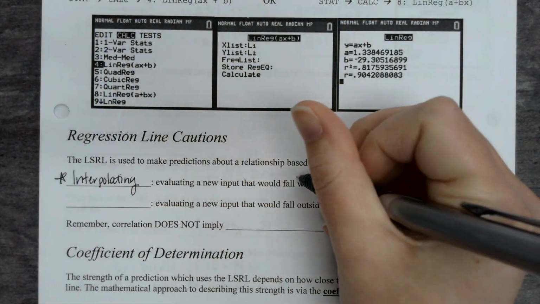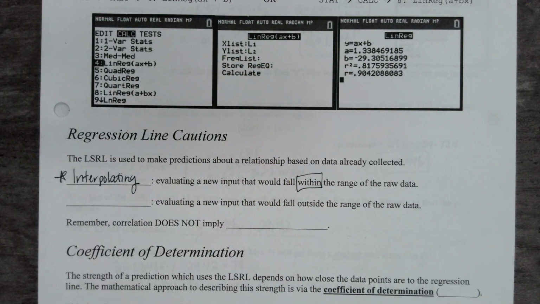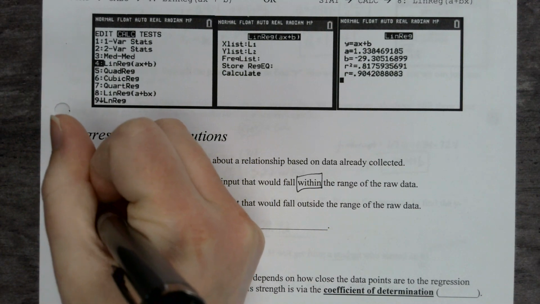But when we're trying to find values of a new input that fall way outside the range of the data, so if I wanted to find the score of a student that had a 0% or had 130%, that might be way outside the range of the raw data, and we call that extrapolating.